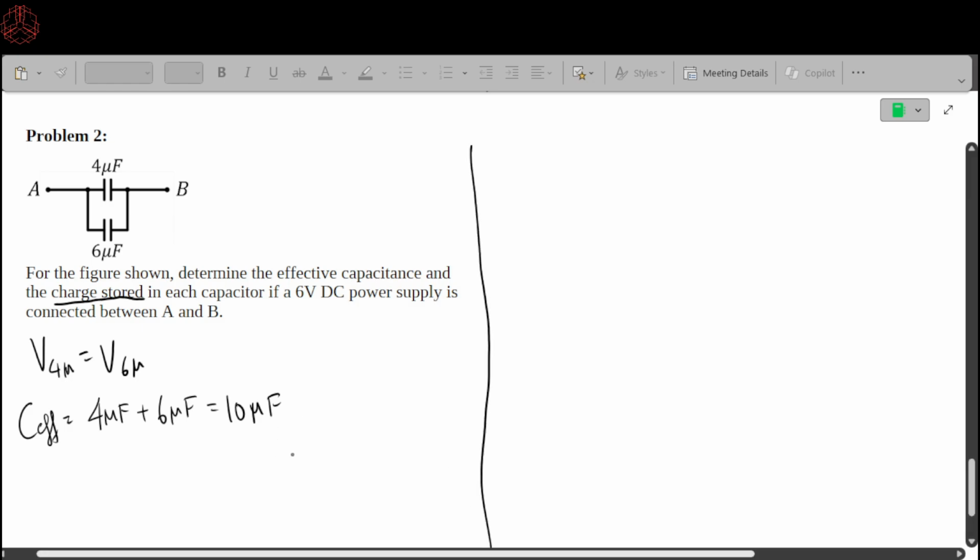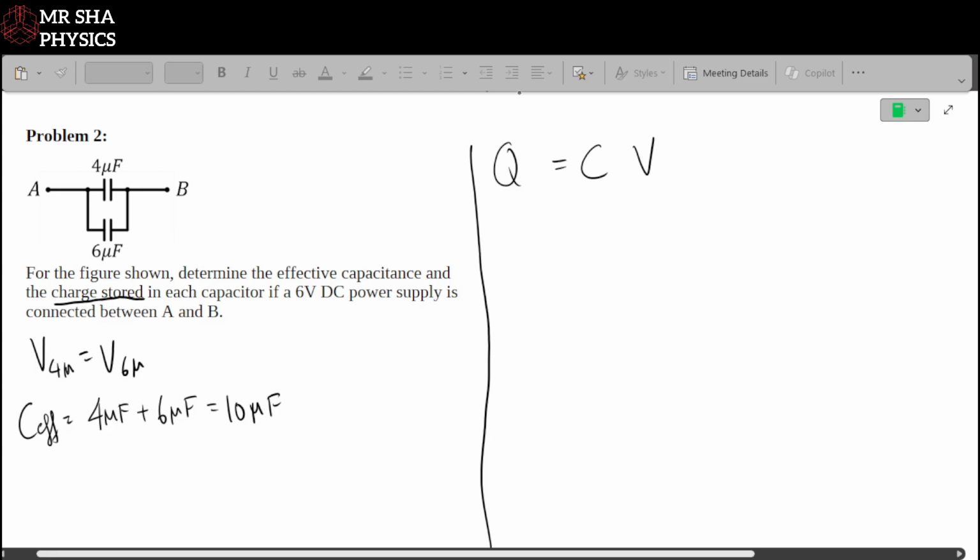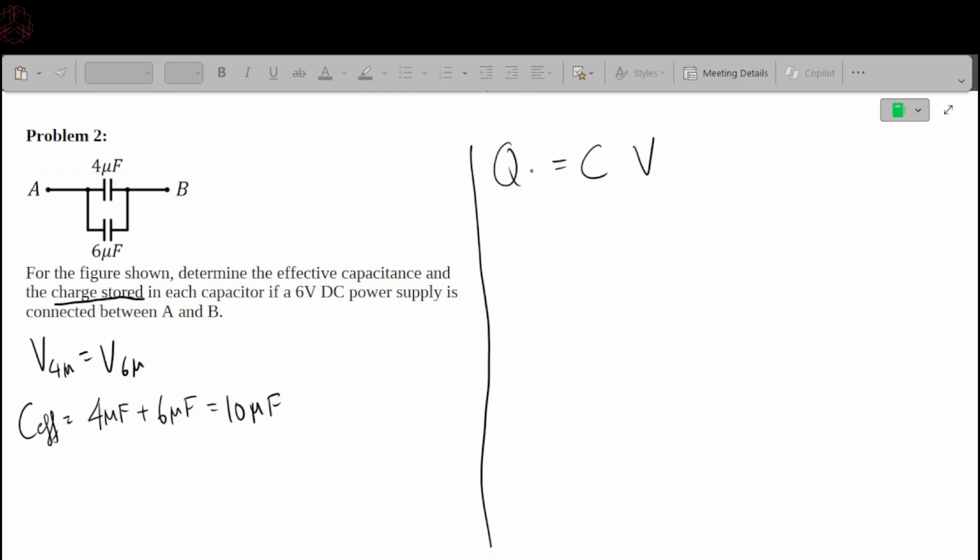So for capacitors in parallel, their capacitances are just added together to get the effective capacitance. Now, if we look at the charge, Q equals CV. Because the voltages are all the same, I can quite quickly calculate the charge stored. Let's say I want the charge stored in the 6 mu farad capacitor.